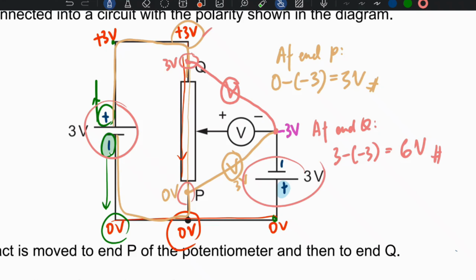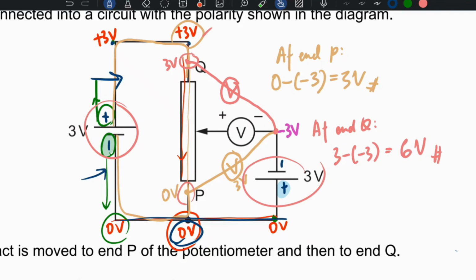Now, what I did first was, I actually started from this circuit. I started labeling the voltage at each point starting from this particular circuit. So that's why I got 3 volts here, 3 volts, 0. So since this part here is 0, therefore the whole line of wire is supposed to be 0.